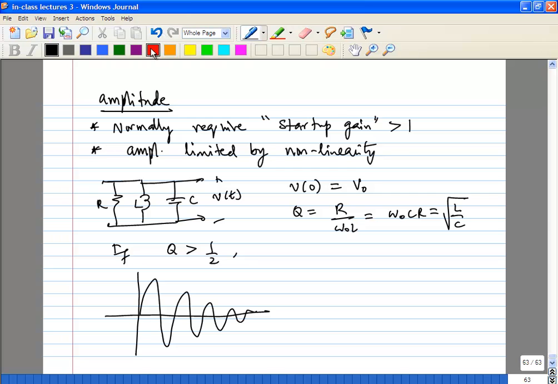So it will go something like this. And this is V naught e power minus t by RC, the envelope of the decaying sinusoid. The time constant is RC, right?